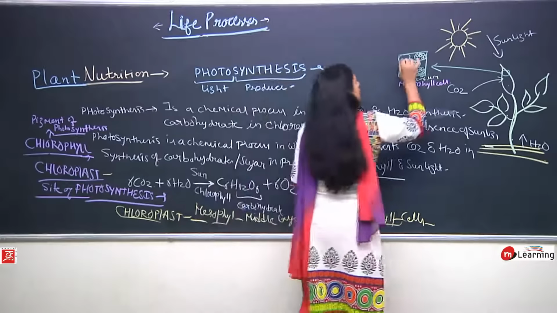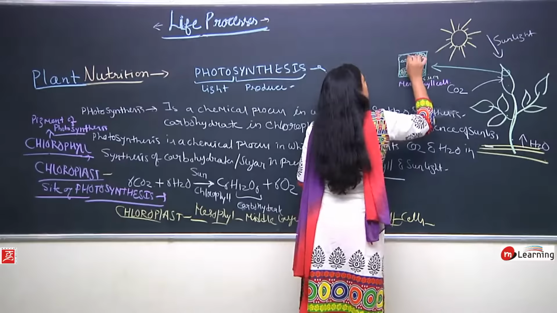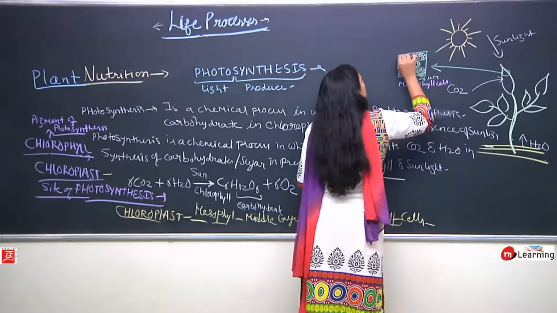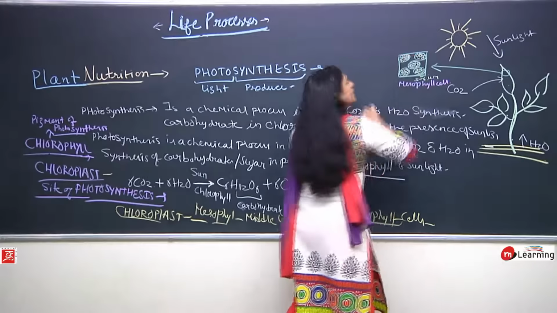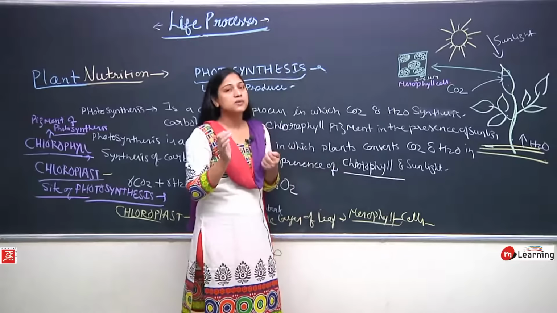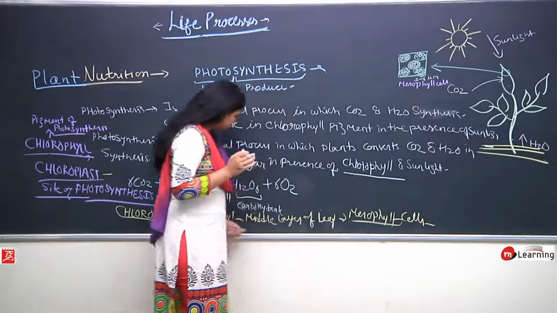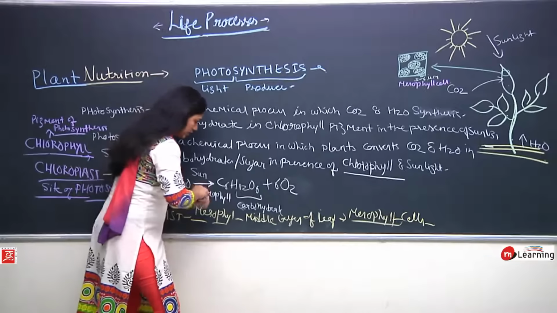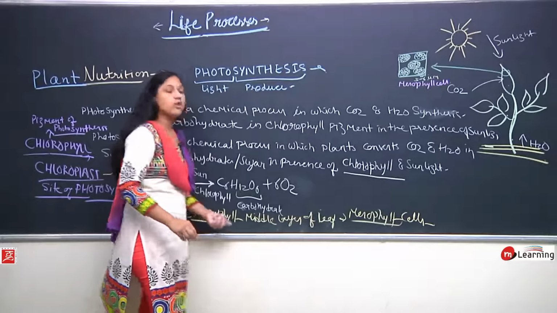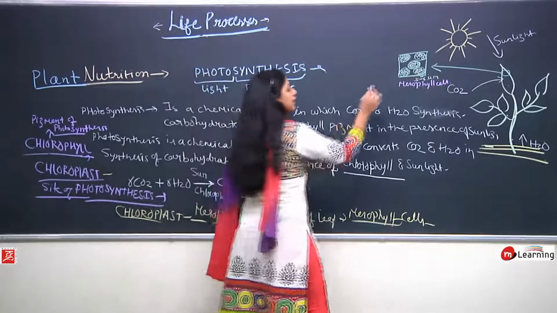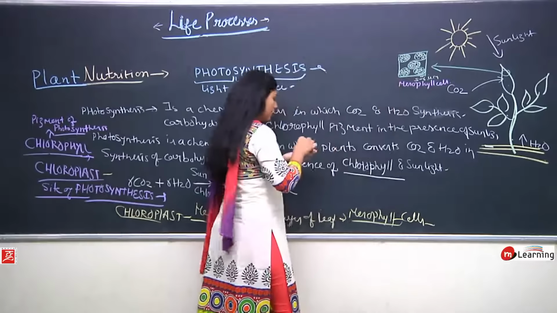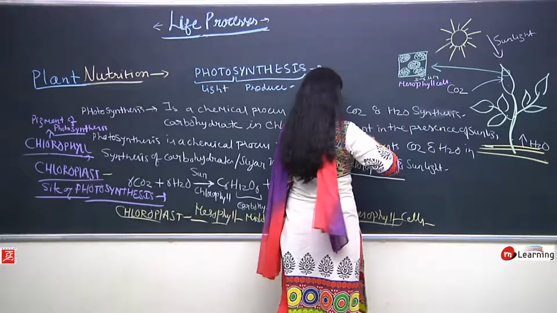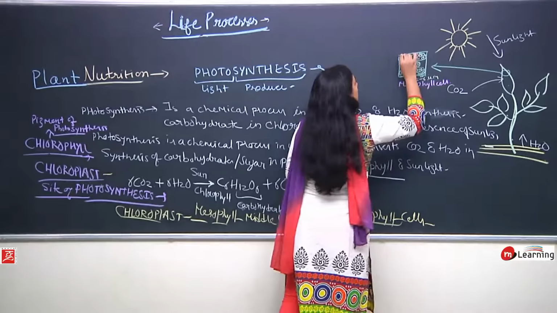In this way various chloroplasts occupy the mesophyll cells, which rest in the mesophyll layer of a leaf.